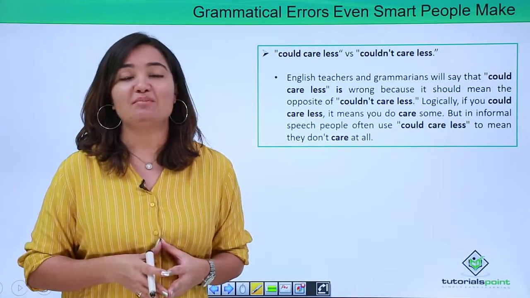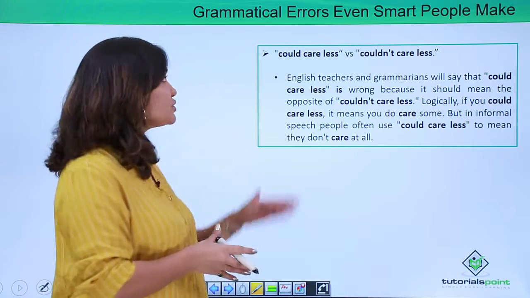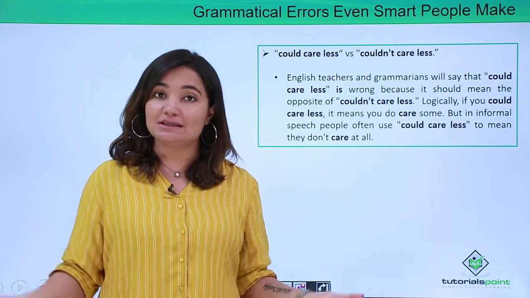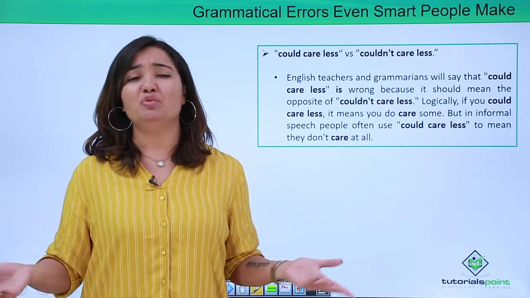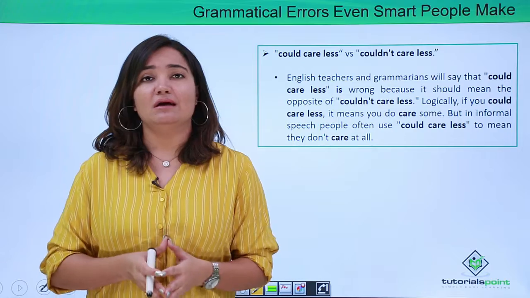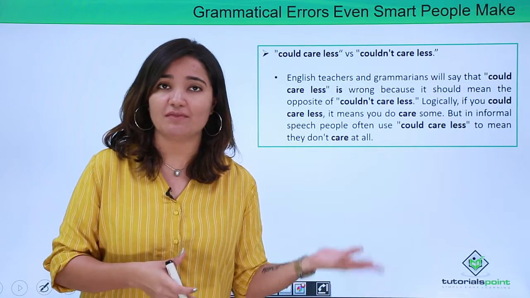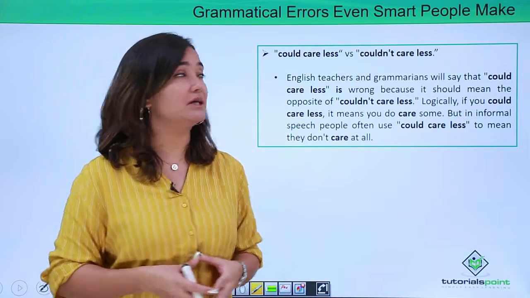But we usually end up mistaking it with "could care less," whereas "could care less" is actually completely opposite of "couldn't care less." So "couldn't care less" means, whatever the situation is, I couldn't care less, which means you don't care about any particular discussion happening at that point in time, or any particular situation that you are referring to, right?